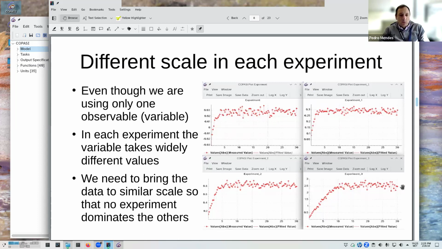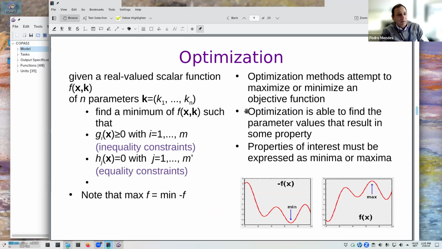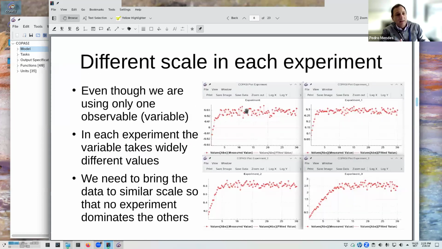And so the optimization algorithms would minimize the distance here, and those random errors probably would contribute very little and therefore would not be fit. If we scale our data to the same scale, then all of them contribute more or less equally, and that's what we want to do. And as you will see, there's different ways of scaling the data in COPASI.